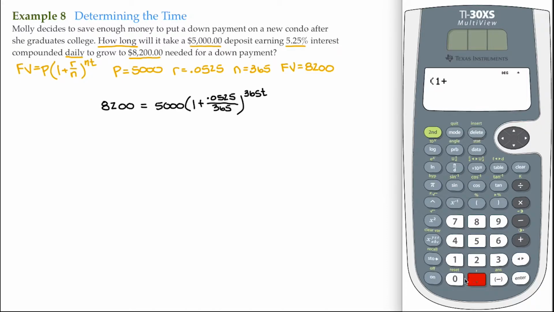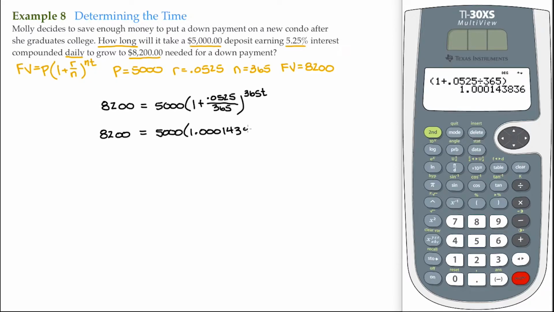1 plus 0.0525 divided by 365. So we now have $8,200 equal to 5,000 times 1.00014384, and then that's raised to the 365T power.